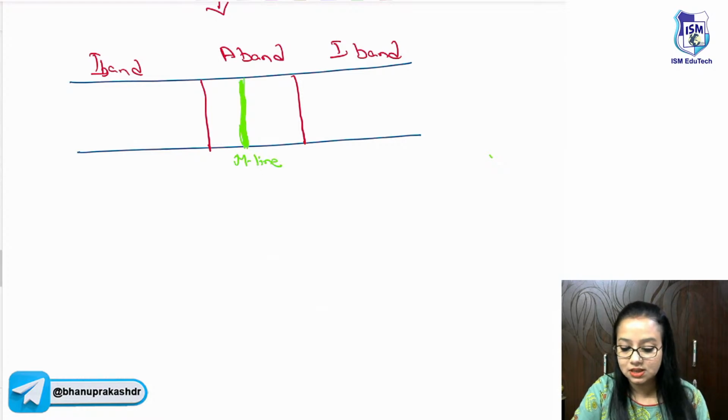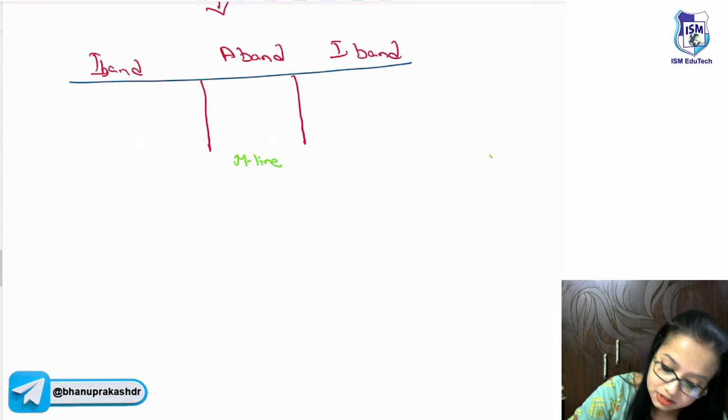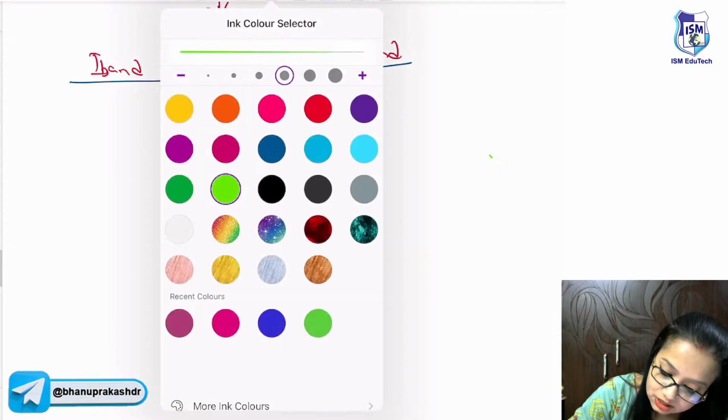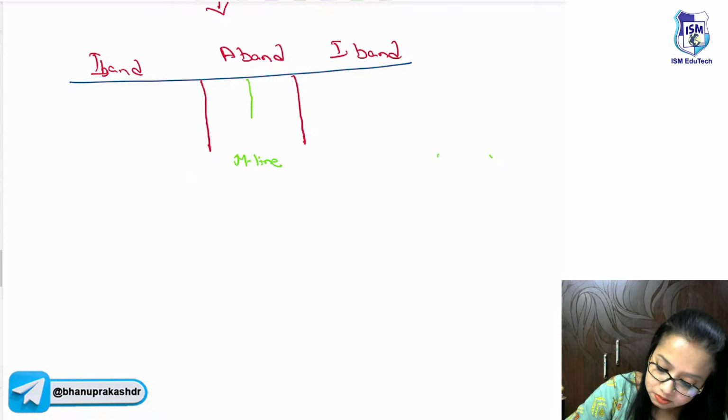In this thick region itself, this M line is a little bit more thick.